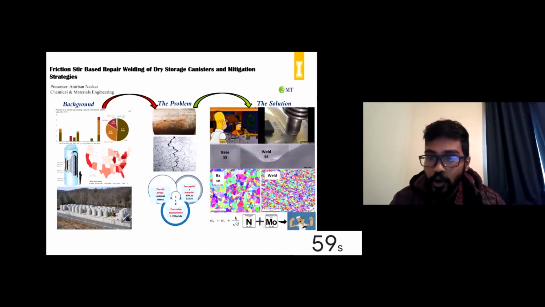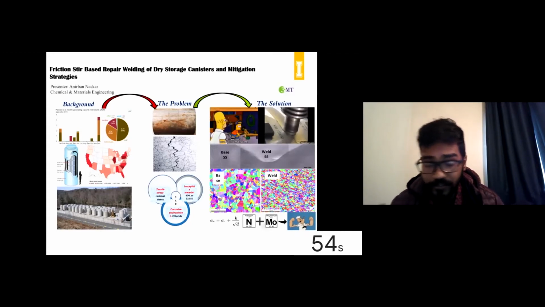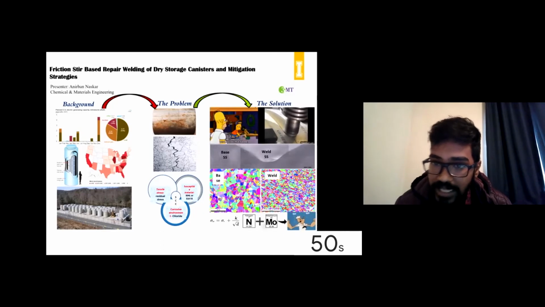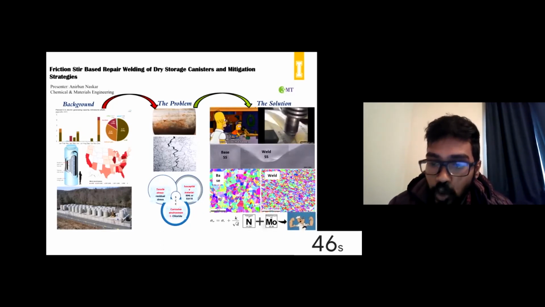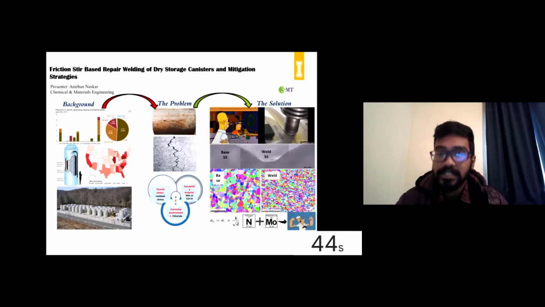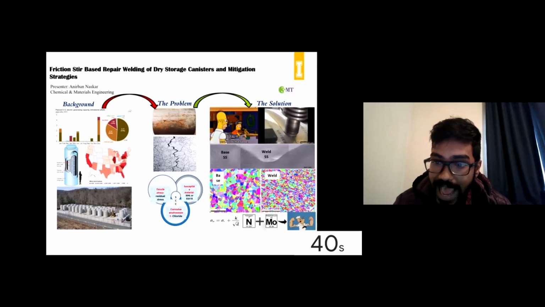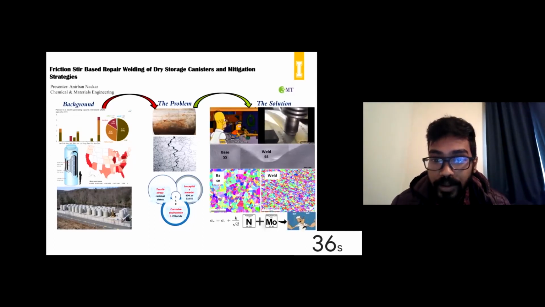This method not only gives a good joint but also very good microstructural properties and very small grain size. Grains in metal are similar to cells in the human body. This process turns a bigger grain size into a smaller grain size, as if you are restoring youth to a human.